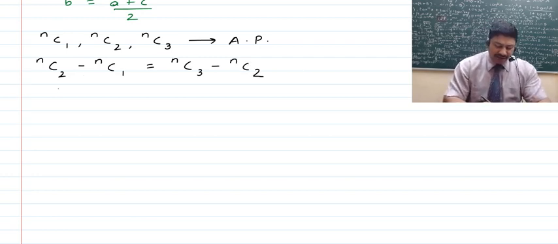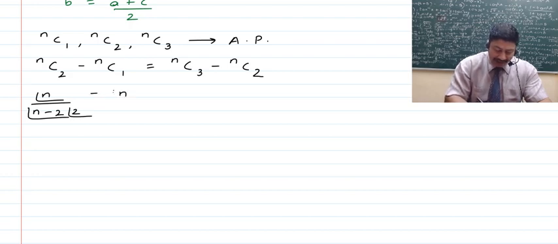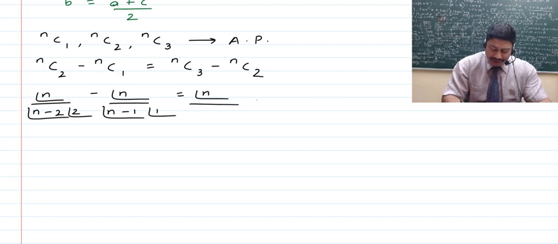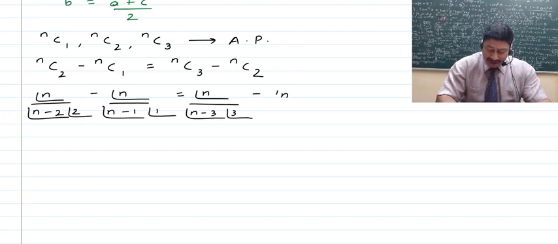Now if we try and solve this, we can write this as n factorial divided by (n minus 2) factorial times factorial 2, minus n factorial divided by (n minus 1) factorial times factorial 1, which is equal to n factorial divided by (n minus 3) factorial times factorial 3, minus n factorial divided by (n minus 2) factorial times factorial 2.